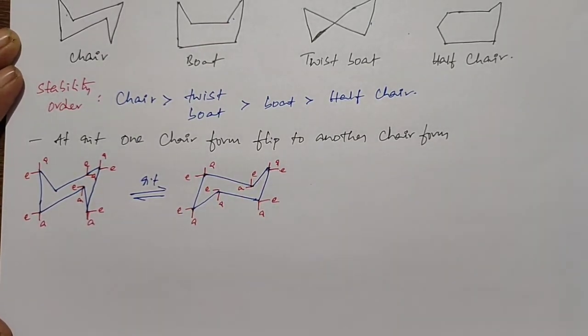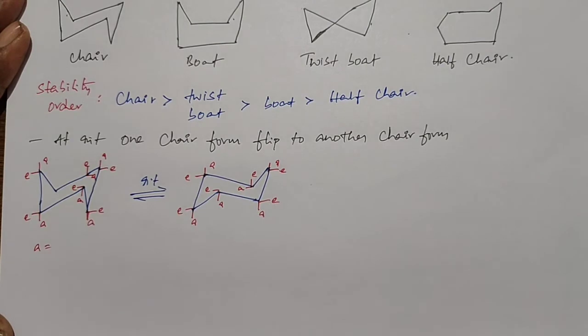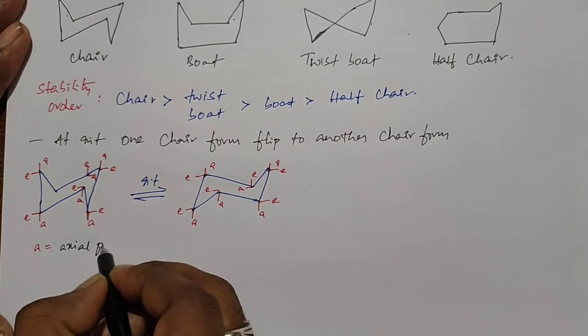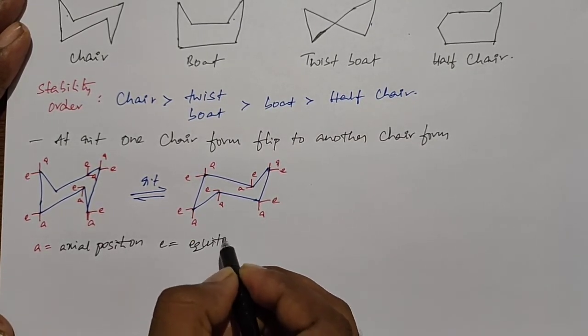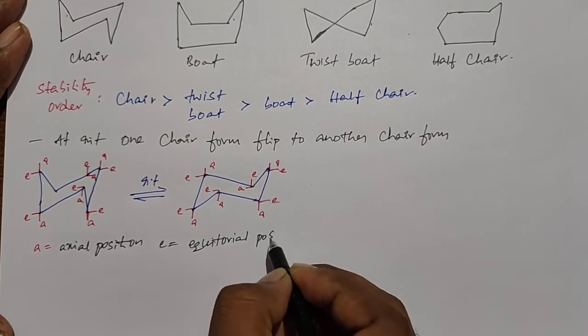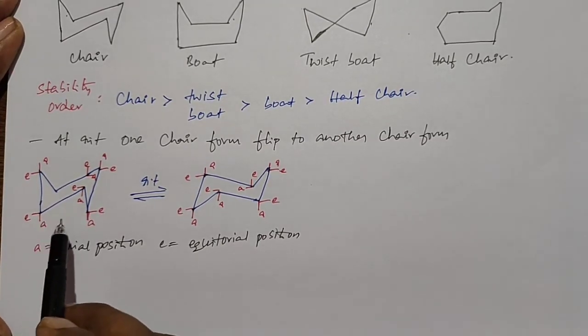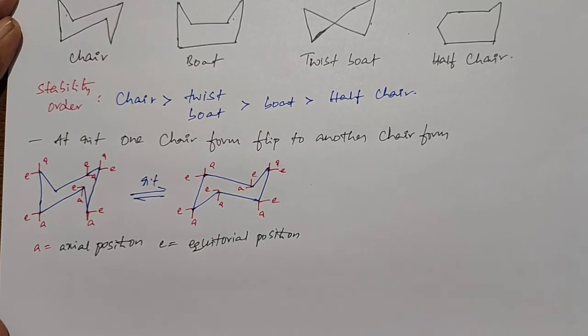So in cyclohexane, whether in chair form or boat form, two types of bonds are present. One is the axial bond. Here A means axial bonds or axial positions, and E means equatorial positions.